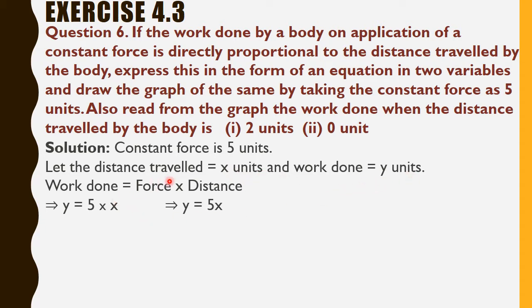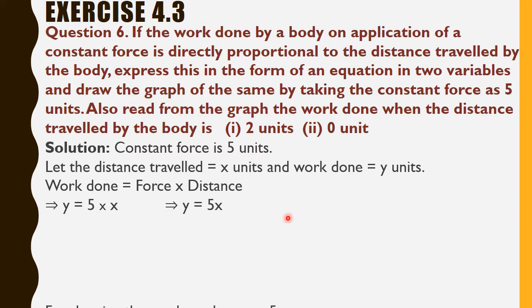So if you put those values in the equation, we get work done y is equal to force 5 into distance x. So this implies y equals 5x is the linear equation in two variables. Now we have to draw a graph for it.